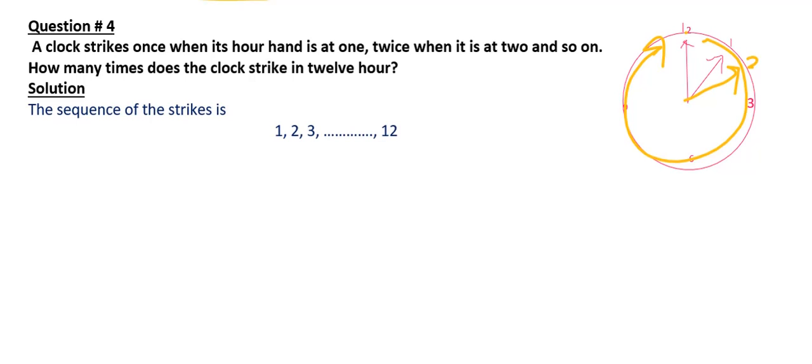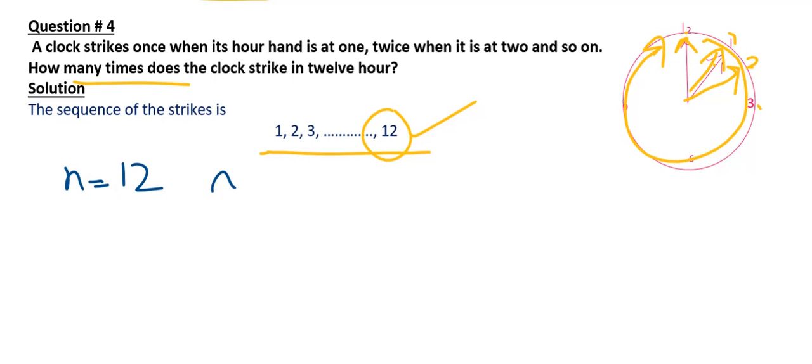After completing the whole circle, the hand of this clock will reach 12. So we have to tell the total after completing this whole cycle. The sequence of strikes at 1, 2, 3, 4 and so on will be 1, 2, 3 up to 12, because the last time is 12, so n is equal to 12, a1 is 1, d is equal to 1.